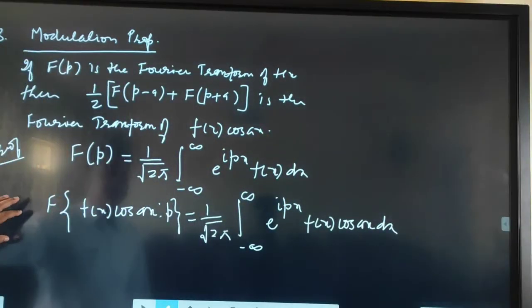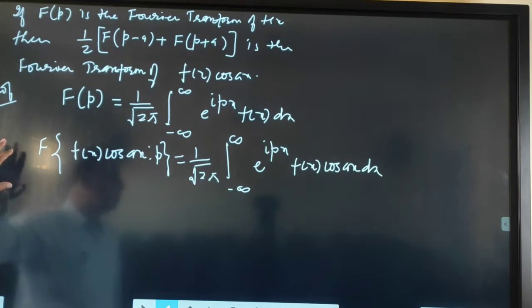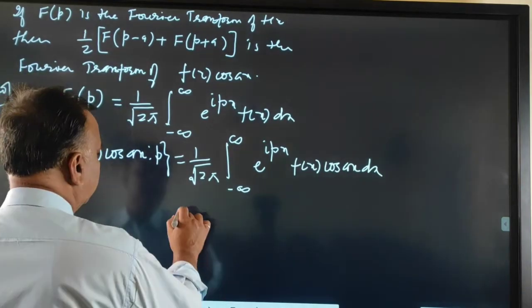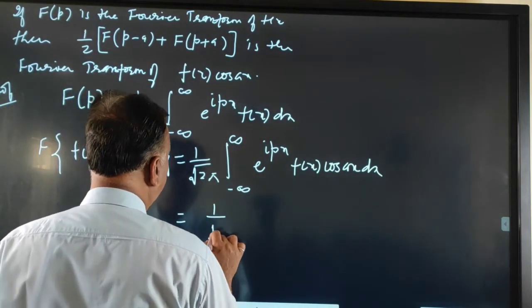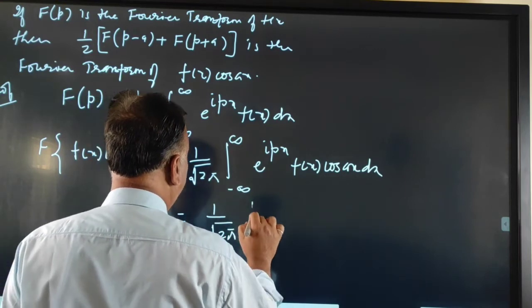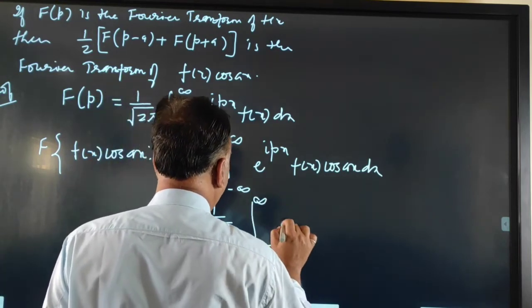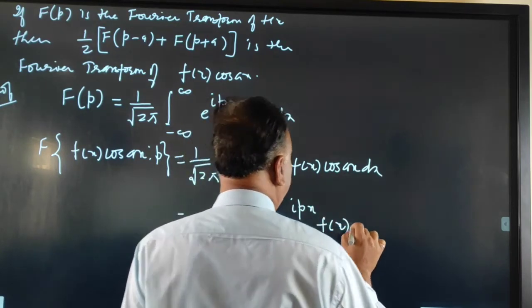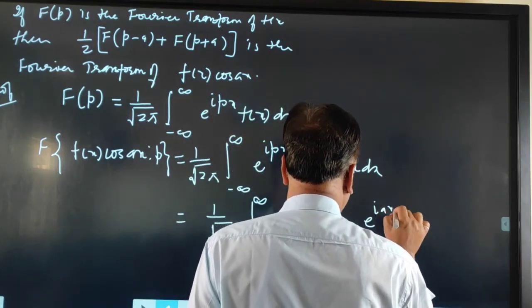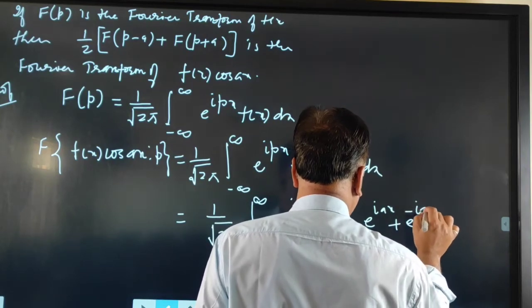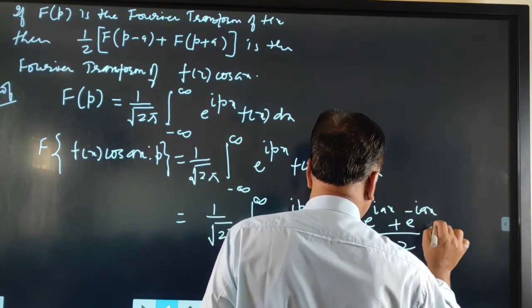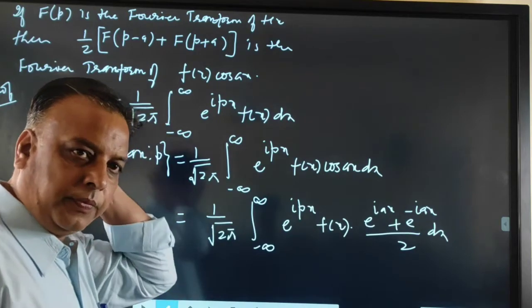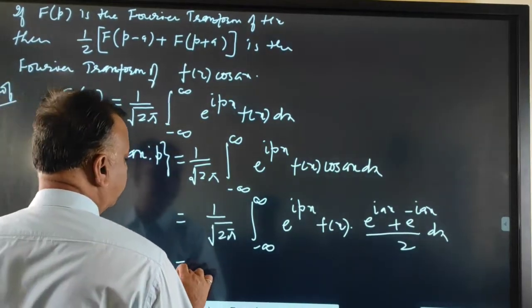Now if we replace cos ax in terms of the exponential function, we get 1 upon root 2 pi integral from minus infinity to infinity e raised to iota px f(x) times (e raised to iota ax plus e raised to minus iota ax) upon 2 dx.